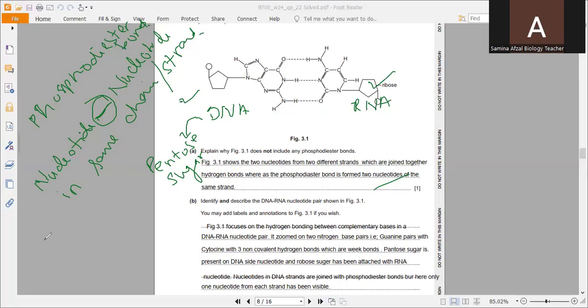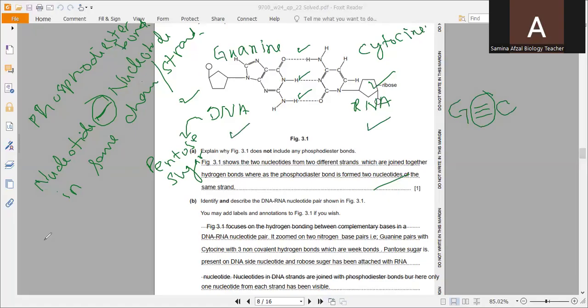This is the DNA molecule and this nucleotide has a base, which is guanine. And on this side, this is cytosine. So guanine always pairs with cytosine by making three hydrogen bonds. And here you can see three hydrogen bonds, which are very weak bonds, so they have been shown with the dotted line. So these are the very weak bonds which are formed between guanine and cytosine.